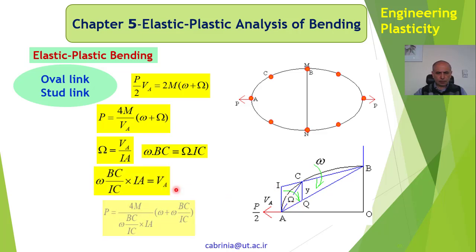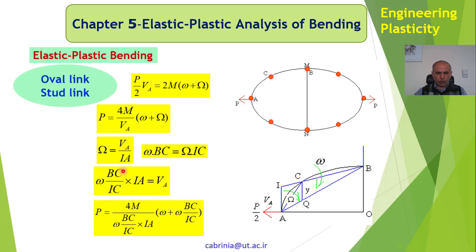And so I can get this small omega in terms of big omega, or big omega in terms of small omega. So I have omega times BC over IC, that is the big omega. Small omega times BC divided by IC is the big omega. So this big omega times IA gives me VA. That's the angular velocity, that's the linear velocity.